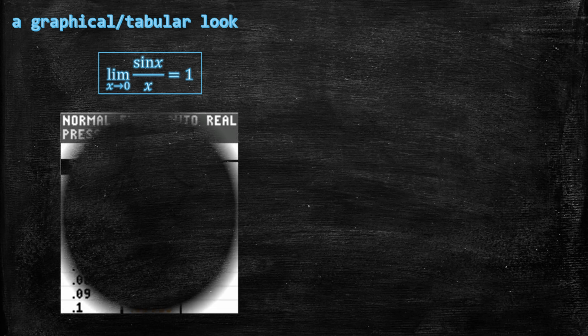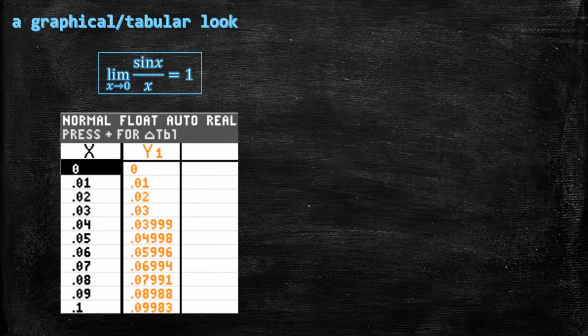So just to take another look at this limit and why it makes sense, the limit as x goes to 0 of sine x over x equals 1, I'd like to look at y equals sine x and y equals x. The orange function is y equals sine x, and x is what's in black, the first column.